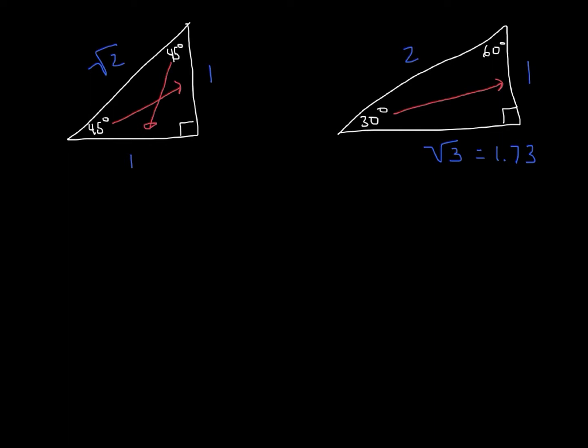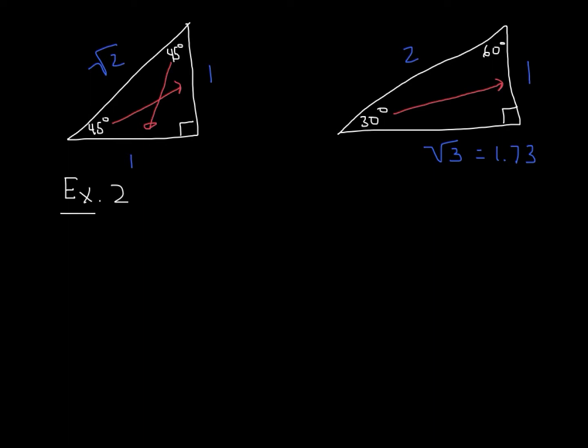All right? So these are very important to memorize because in the next section, 4.3, we're going to build the entire unit circle on these two triangles. But for right now, we are going to see if we can figure out the 6 trig functions of 30 degrees. So this is, I believe, example 2 on your notes.